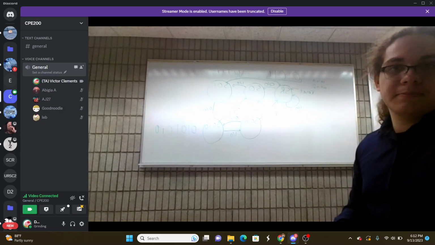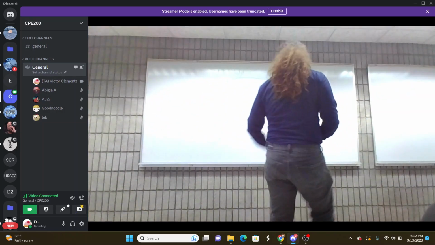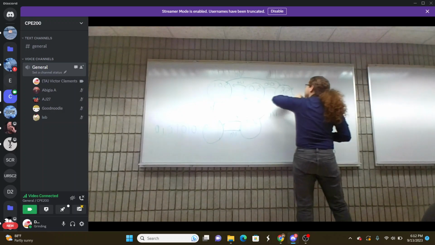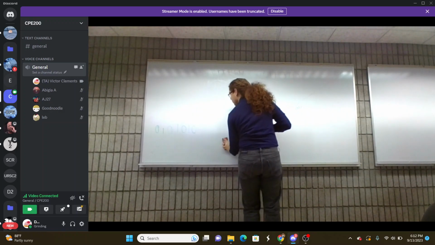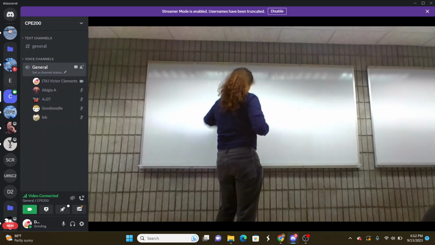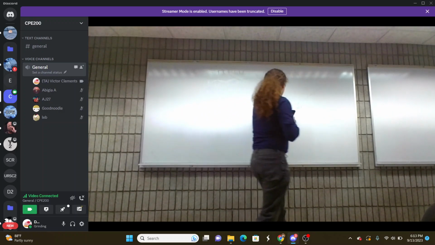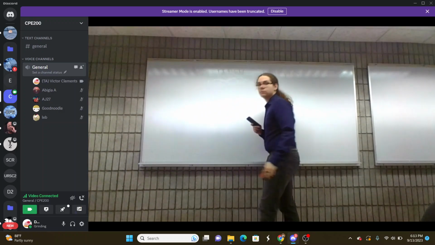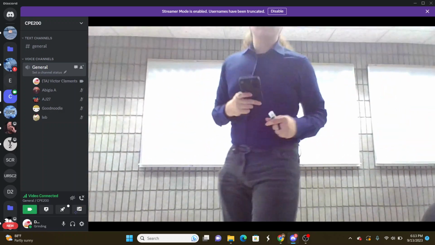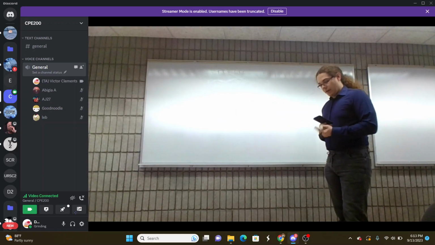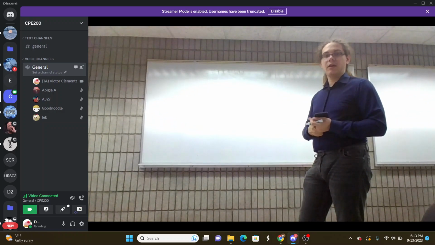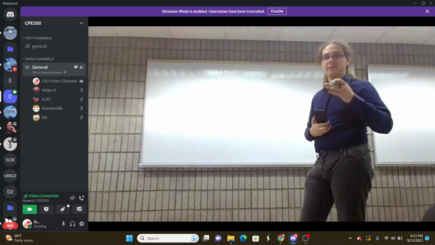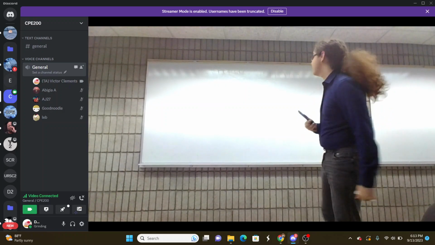Okay, I'm going to go ahead and erase the chart. Okay, so I'm going to go ahead and draw the table for the inputs, current states, next state, and output, all as one big table.